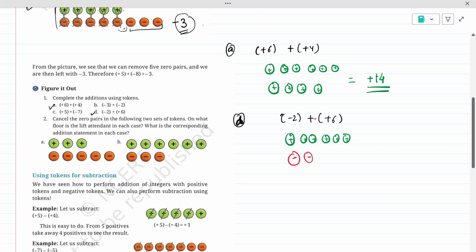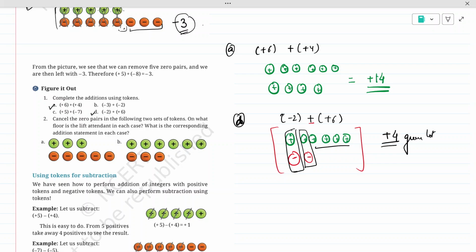Now if we are adding these two, we can have this as one zero pair, this as another zero pair. The value of a zero pair is 0. What is left here? Plus 4. So the answer is plus 4 green tokens.